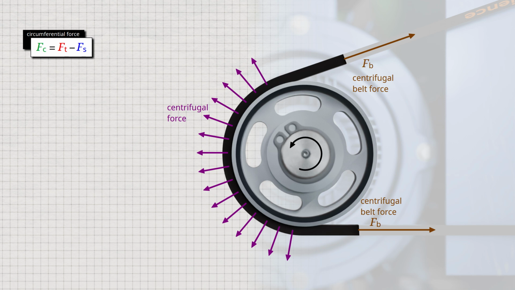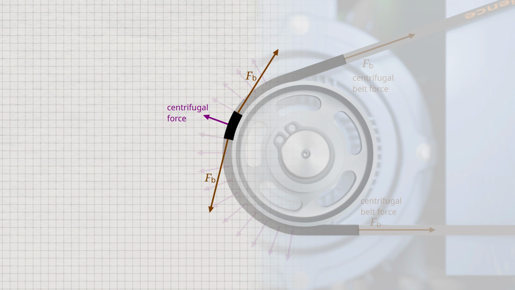So if we simply consider an unloaded belt drive, the only force in the belt is the centrifugal belt force Fb. If the belt speed is constant, the centrifugal belt force must be the same at every point on the belt to maintain equilibrium, otherwise some section of the belt would accelerate. However, we assume a constant belt speed where elastic slip as the belt rotates around the pulleys can be neglected.